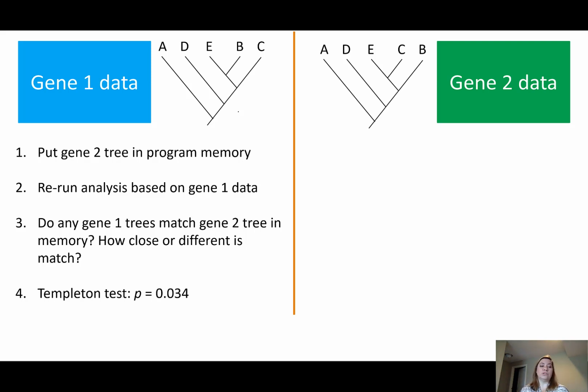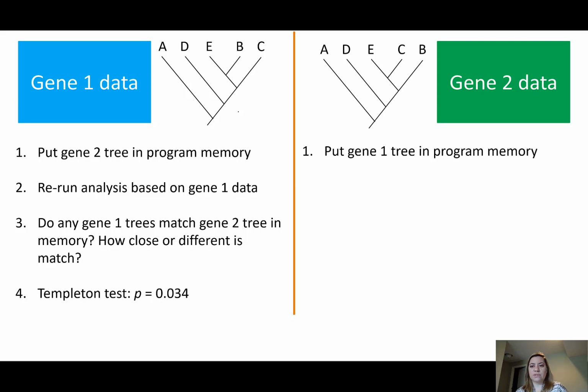Without even looking at gene 2's data, what is this telling us? This suggests that there is a significant difference between the gene 1 tree and the gene 2 tree, right? We don't get the gene 2 tree when we are rerunning gene 1's data set.